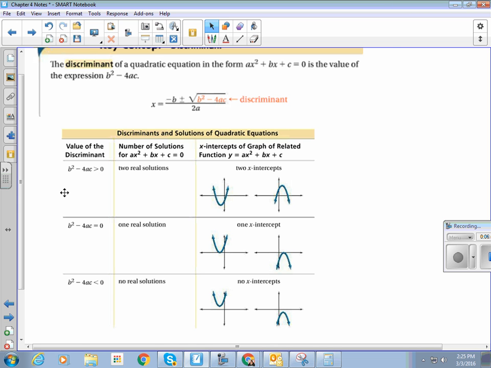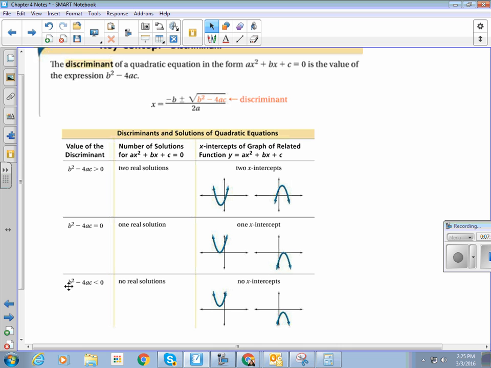The reason that works is because if this is bigger than 0, then I have a value here, and it's going to be plus or minus, giving the two solutions. If my discriminant is equal to 0, it doesn't matter if I plus or minus a 0, it's still 0. I'm only going to have one solution, and it's just going to touch the x-axis.